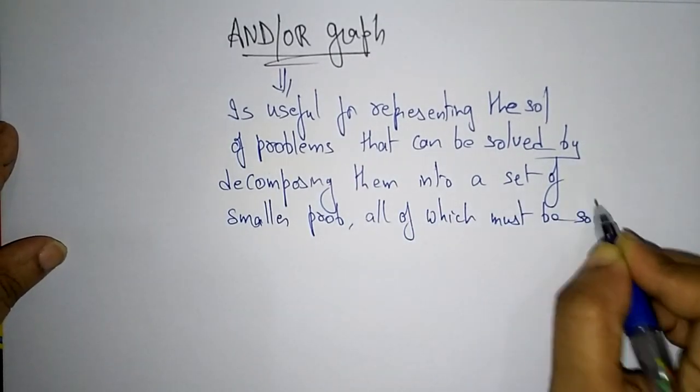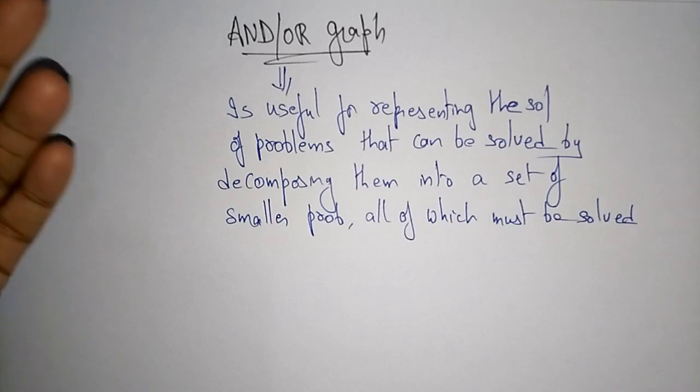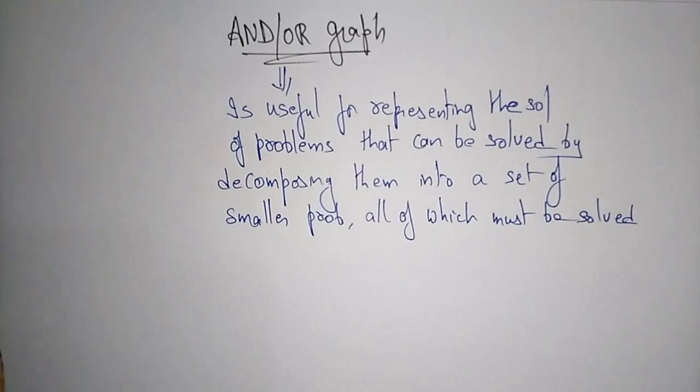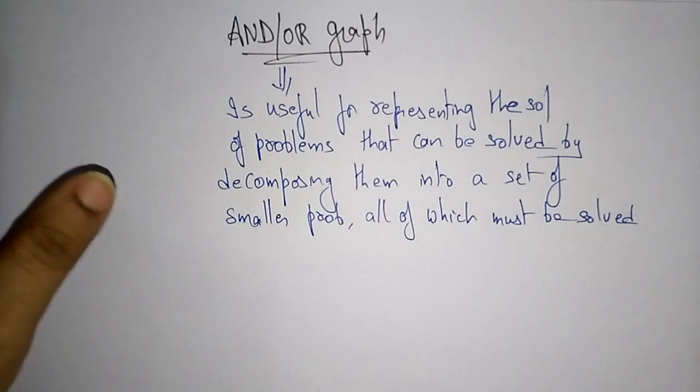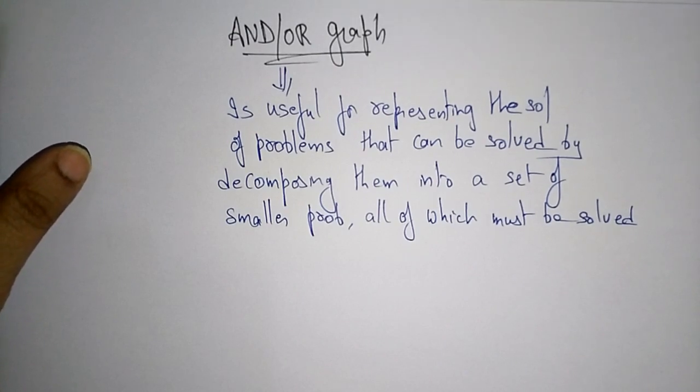So the main thing is, whatever the problem that is occurred in the graph, you have to solve that problem by using AND or graph. How can you solve this problem? By decomposing it into smaller problems, and you have to solve each problem. So here every node may have AND or links emerging out of it.